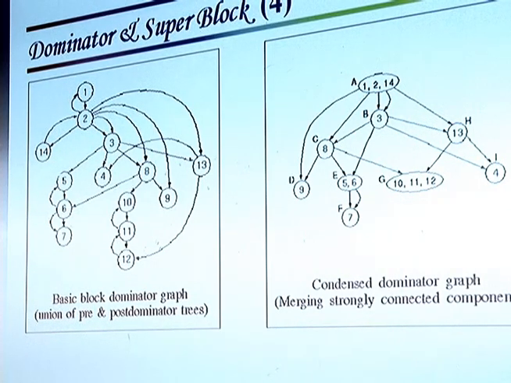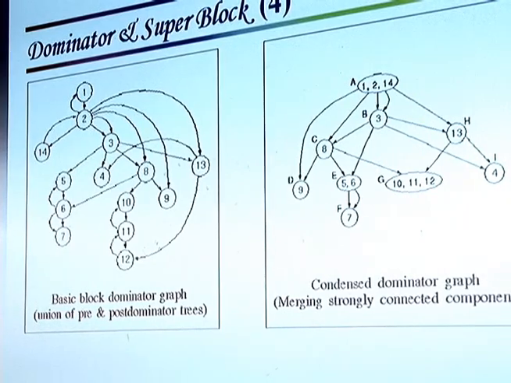It doesn't matter whether it's 5 or 6. If you are at 8, you can come to 5 or 6: 8 to 6, 8 to 6 to 5. But if you are at 5, do you have a path to 8? If you are at 6, do you have a path to 8? You don't. That's why they are not in the same super block.